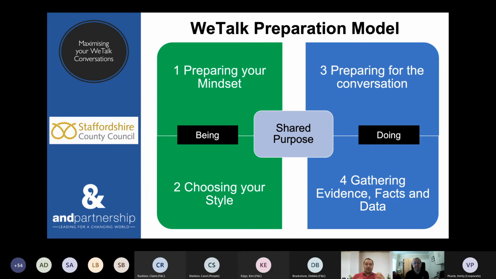And then moving on to the preparation for the conversation, making sure that it's two-way, to make sure that the colleague feels just as empowered as you do, thinking about the time, the environment, and what's going to be covered during the conversation, and then gathering that evidence, the facts, the data. Some of it's going to be easier than others. Some of it's going to be tangible stuff, and some might be less tangible, things like behaviour, culture change, team contribution, etc. So that's an overview.